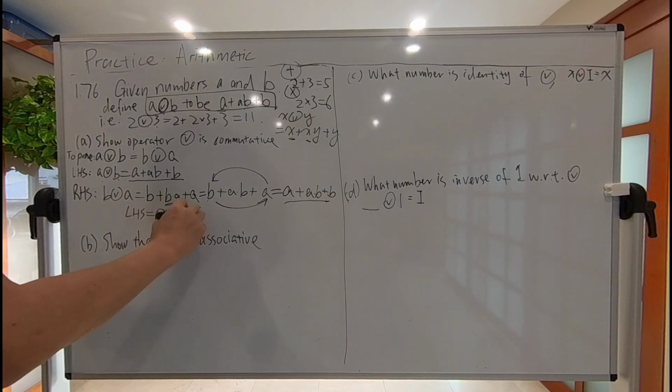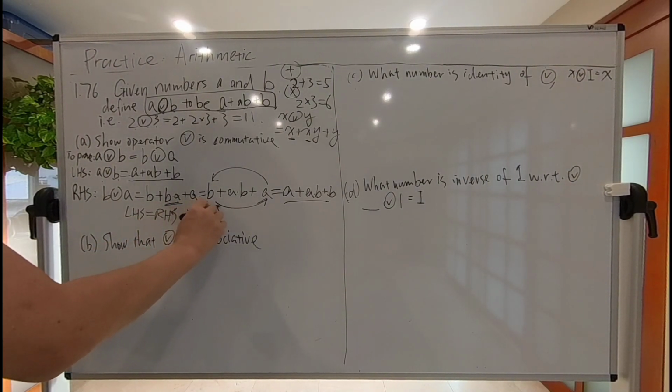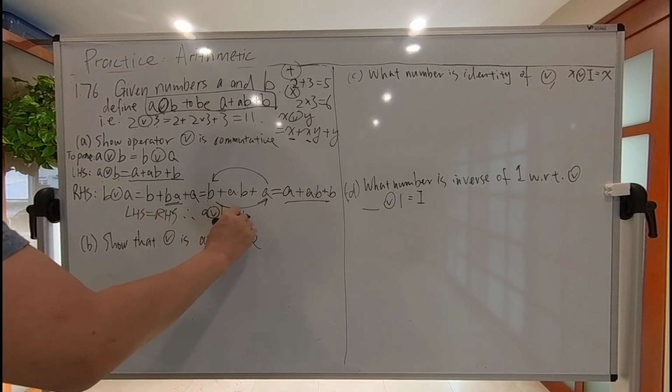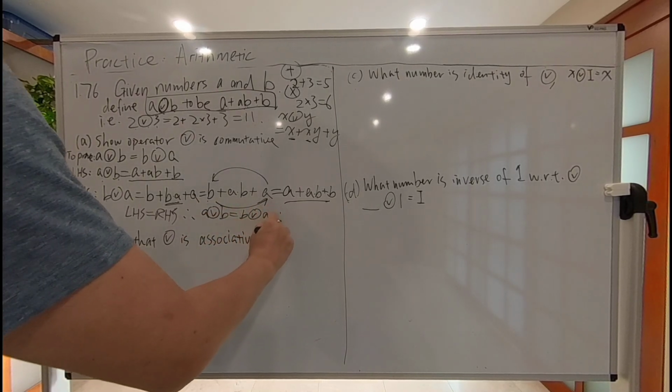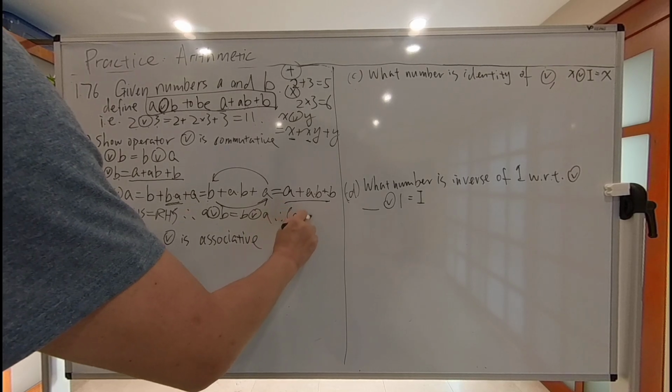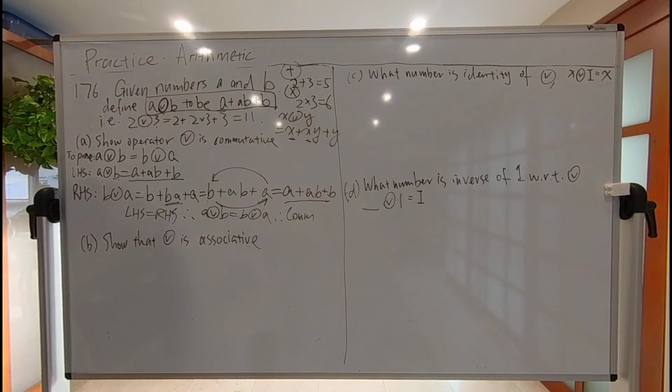So we proved that A operating B is equivalent to B operating A, and this is the commutativity of this operator.